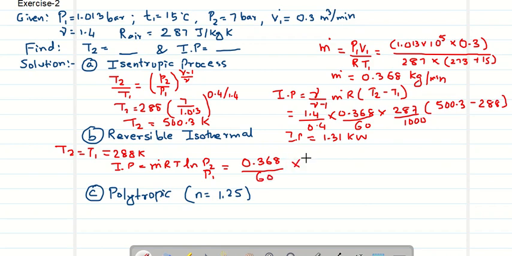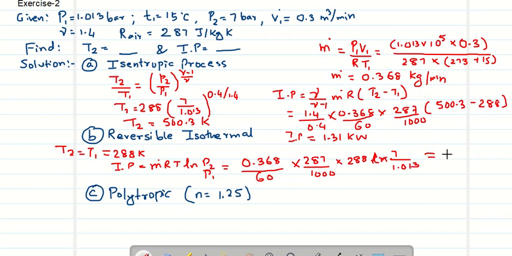R value is 287, divide by 1000 will give you in kilojoule per kilogram Kelvin, multiply by temperature 1, 288, ln 7 divided by 1.013.